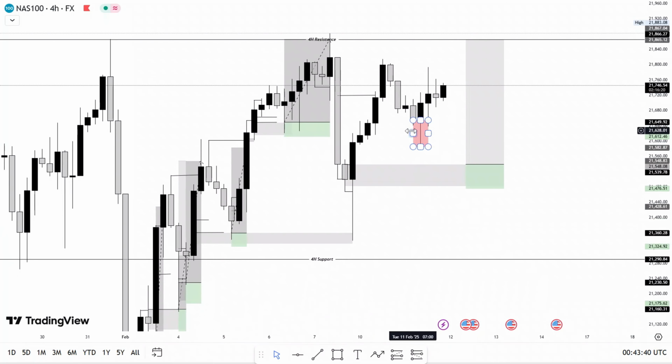The reason why that has a higher chance of happening is because this particular wick did not take out any liquidity in the market, which means this wick did not tap into any fair value gap or order block or any liquidity level at all.